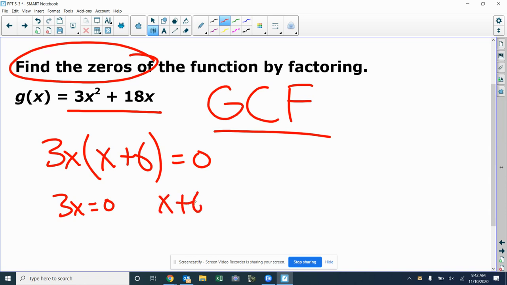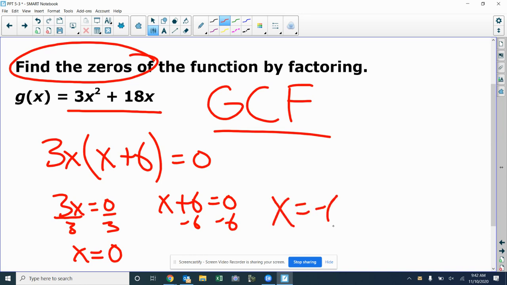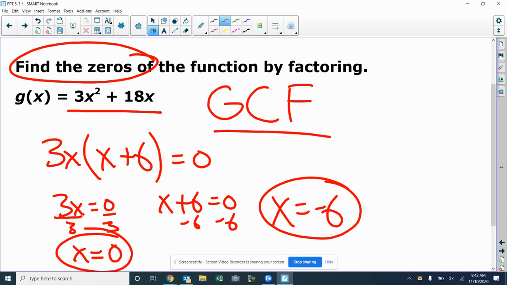We're gonna take x plus 6 and set it equal to 0. I'm gonna divide by 3. So x is equal to 0. I'm gonna minus 6. And then x would be equal to negative 6. There's your spots that it crosses the x-axis. So there is a difference if you find the zeros versus factoring.